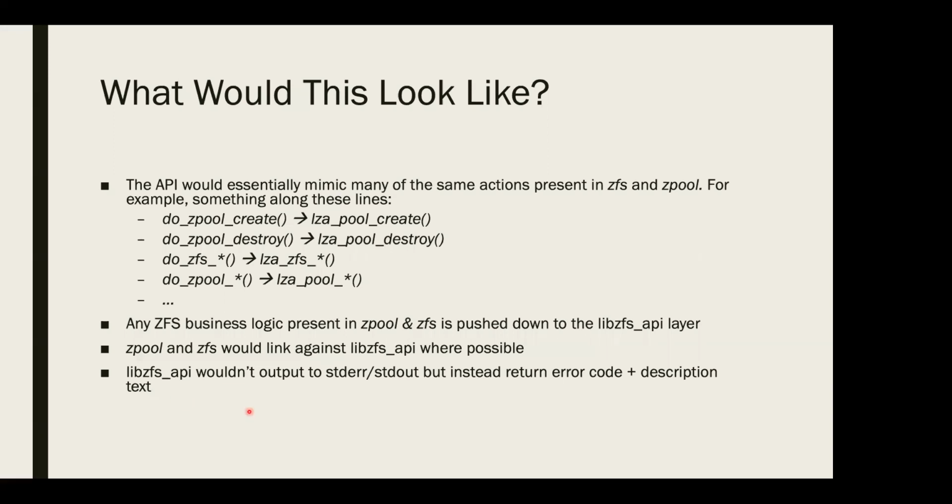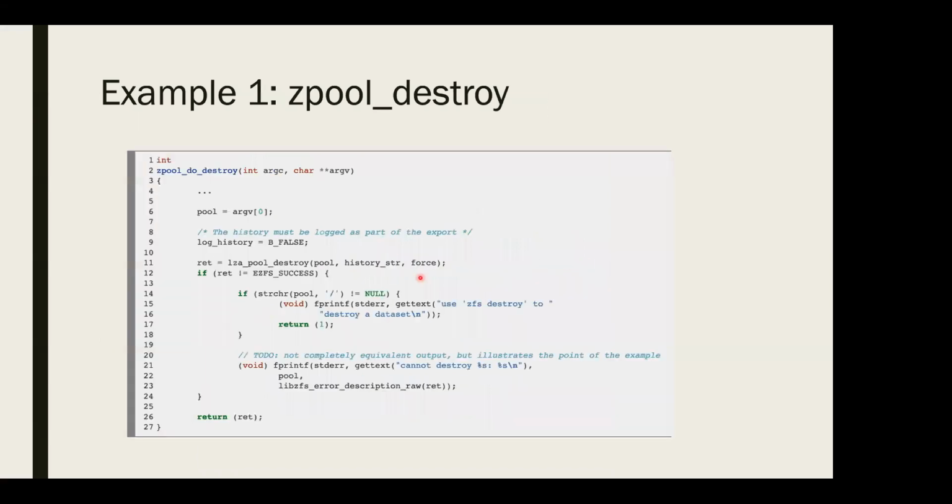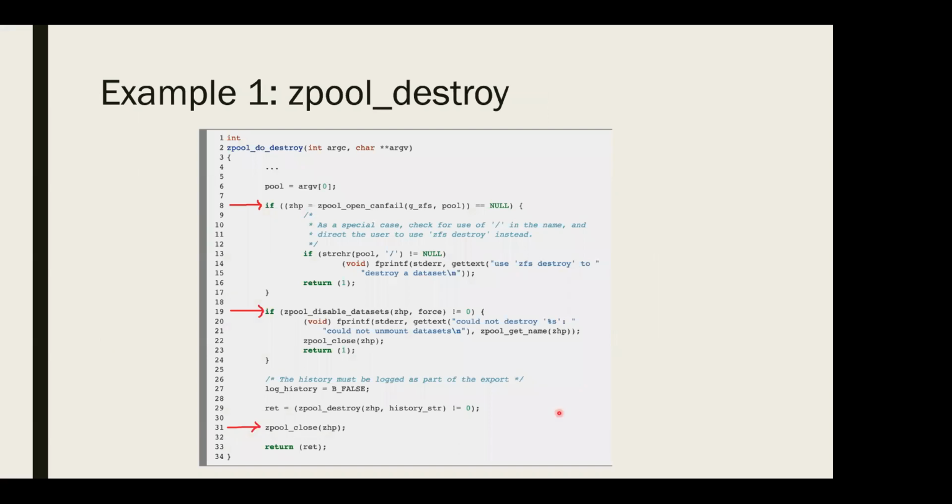That's the idea. It's definitely a first pass, and there's stuff to be iterated on. As a first example, if you look at zpool destroy, it's fairly straightforward. It's a simple contrived example, but I think it will prove useful. The main piece here really is disabling datasets.